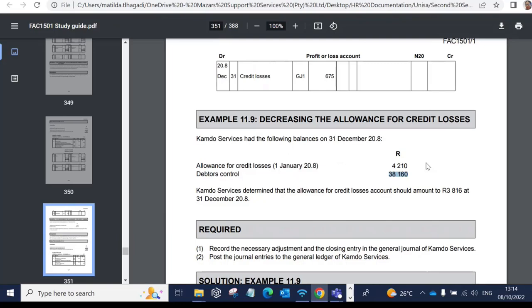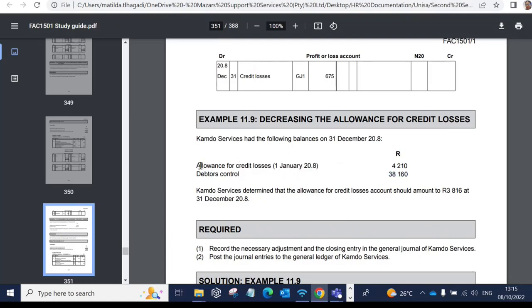The service determined that the allowance for credit losses account should amount to 3,816 at December. So what will be the adjustment? Are you with me, Jessica?